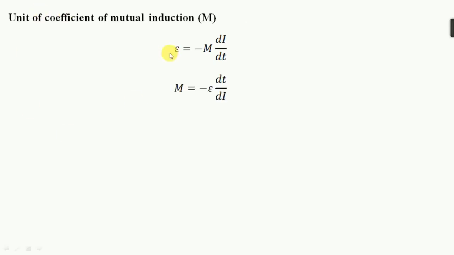So this is the formula for EMF, and if I take M this side, then unit of M will be unit of EMF, that is volt, into unit of time, that is second, divided by unit of current, that is ampere. So unit of M is volt second per ampere, and another name for volt second per ampere is Henry.